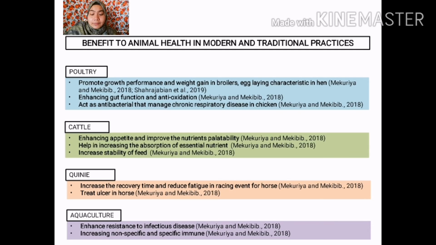In cattle, it enhances the appetite and stabilizes the feeding. Next, in horses, especially racing horses, it reduces fatigue and gives them a short recovery time.